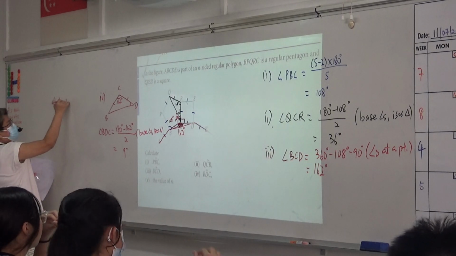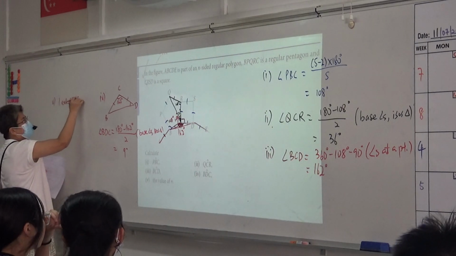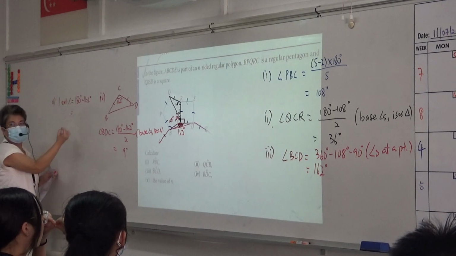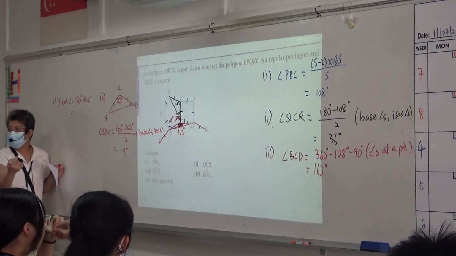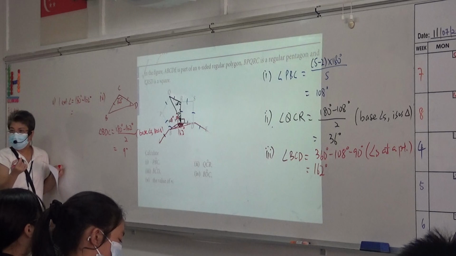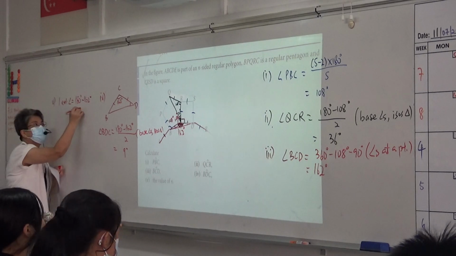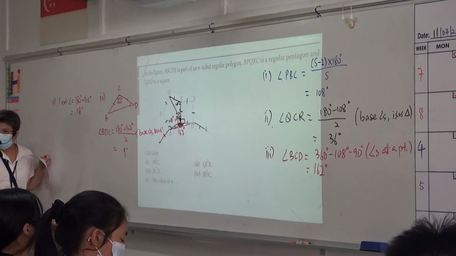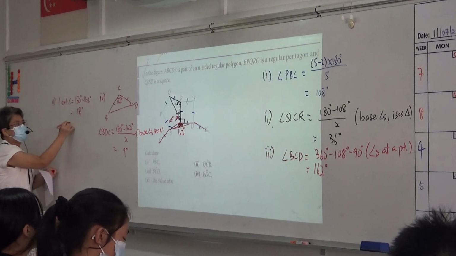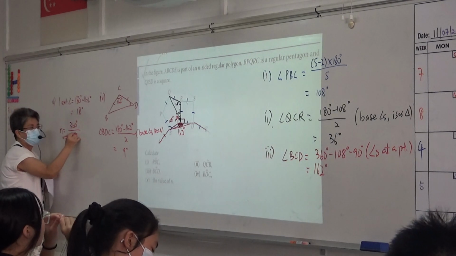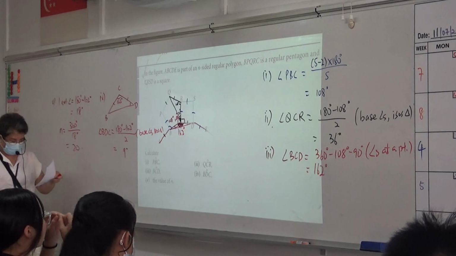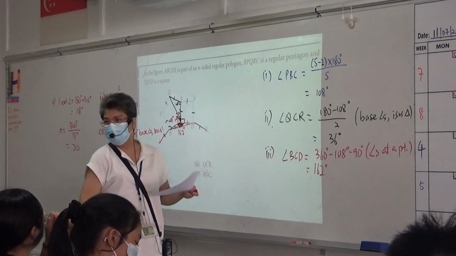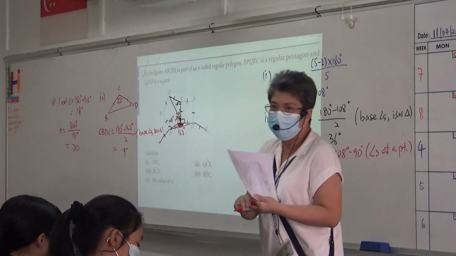What is one exterior angle? How many degrees? 18, right? Do you agree that the exterior angle is 18 degrees? So, what is n? Do you get 20? Yes, okay.